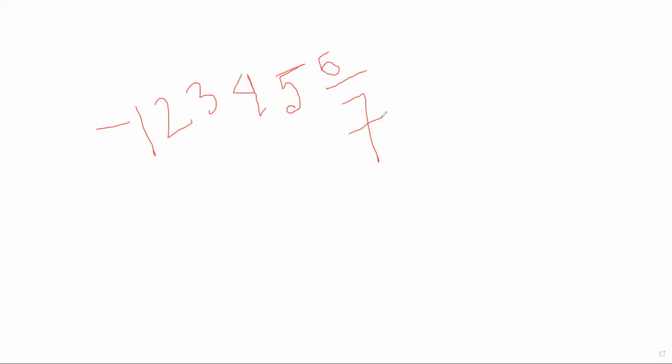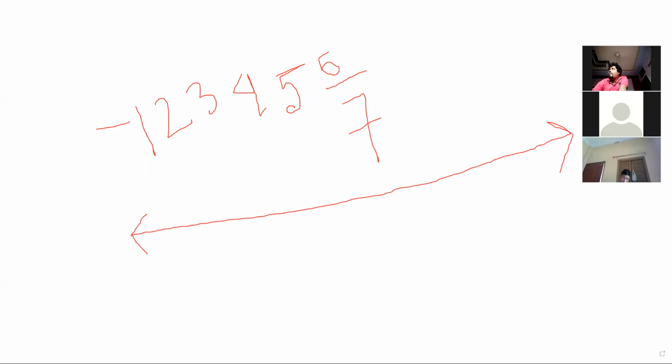Sir, first we have to draw the number line, right? We will draw the line, and then on the right side minus 1, 2, 3, 4, 5. Then minus 1, 2, 3, 4, and between them it is present. So at first we have to draw the number line, and here we have to write 1, 2, 3, 4, 5.